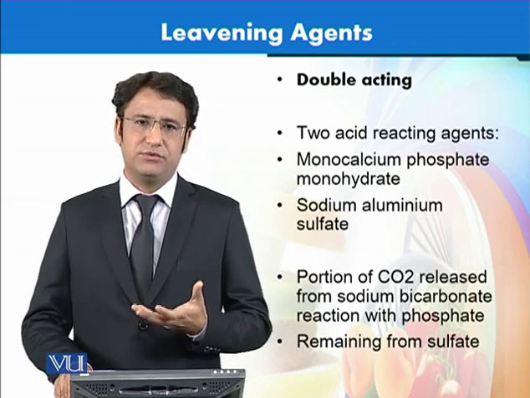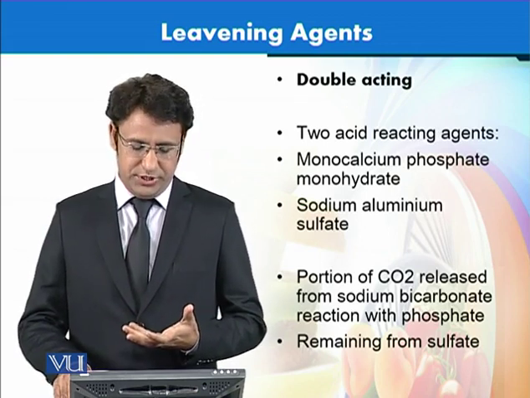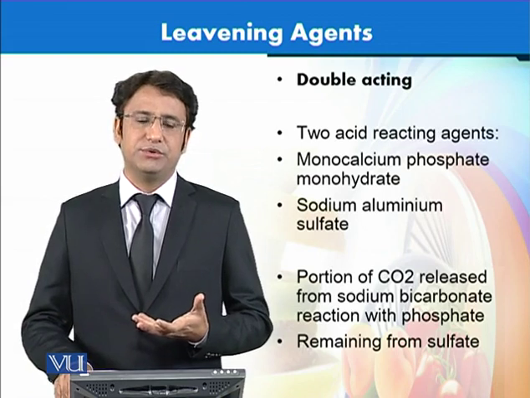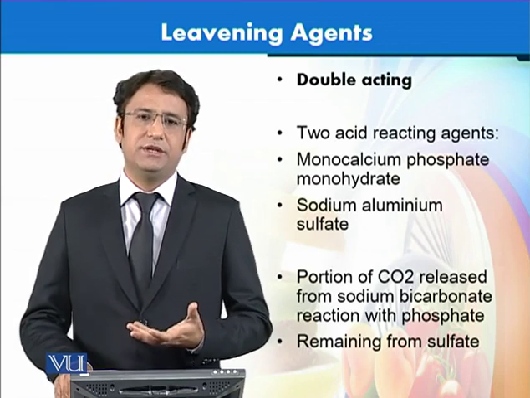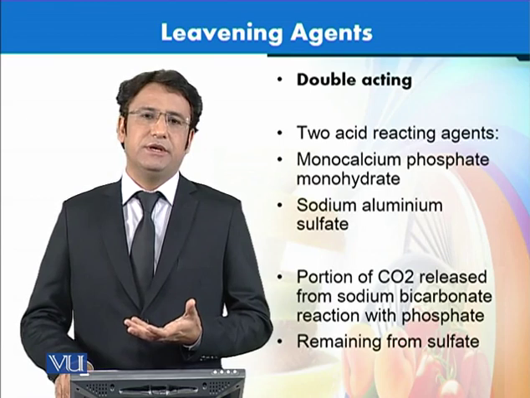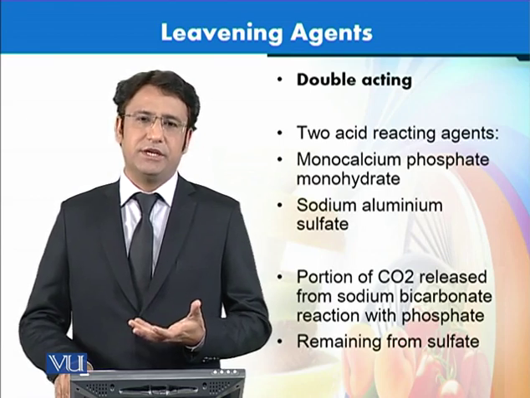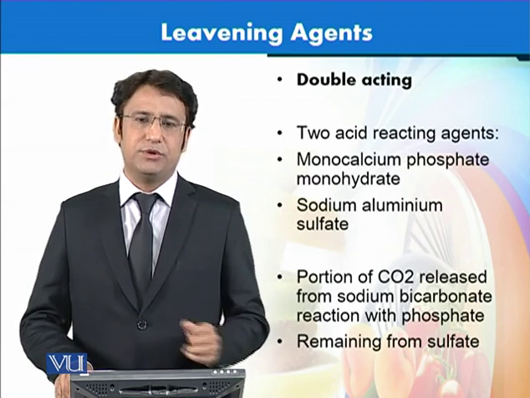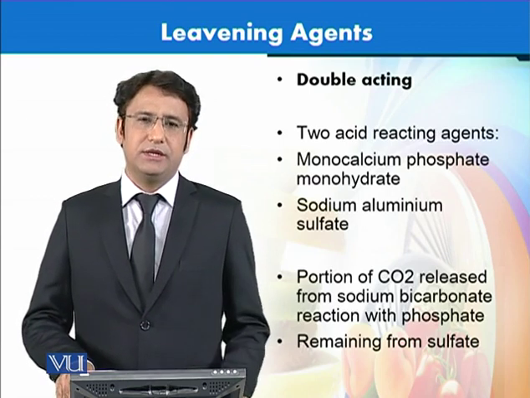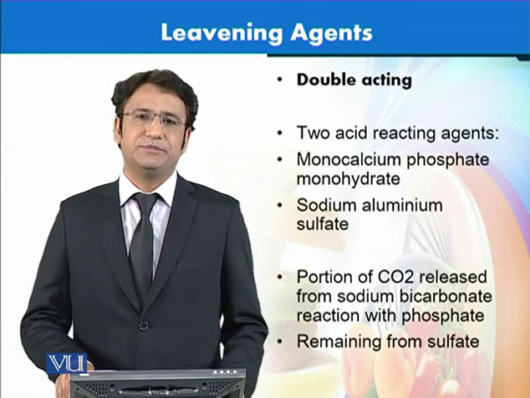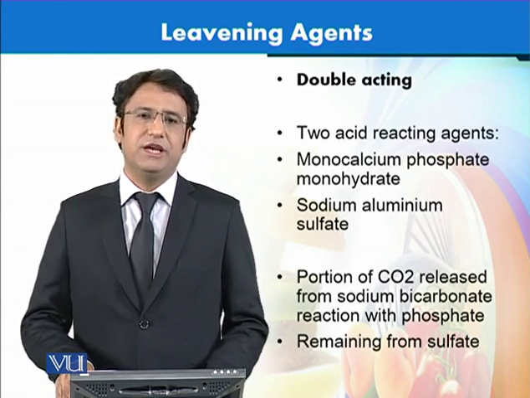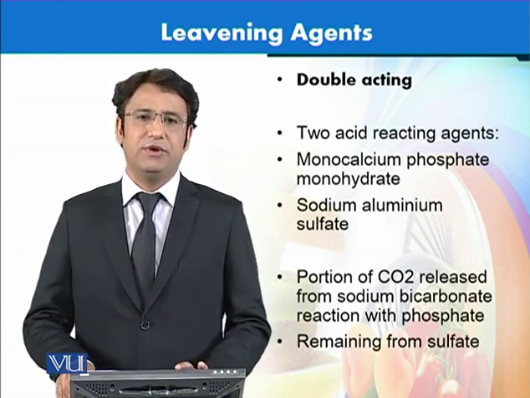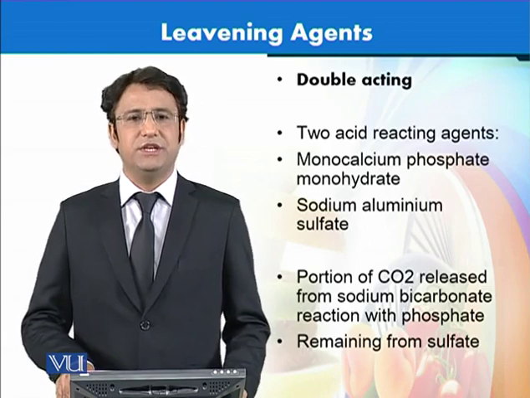So a little amount of carbon dioxide is produced, and then the remaining amount is produced from sulfate, and this is especially facilitated by heating in the oven when we bake these food products. So this was a little chemistry of leavening agents and how and where we use these leavening agents in the food industry.